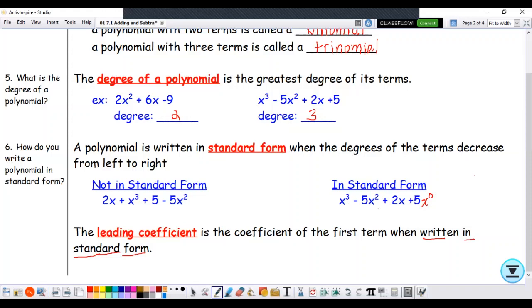So if we go back to this polynomial, we don't see a number in front of our first term. Well, what can I multiply times x to the third and still have the value of x to the third? That would be the number 1. So my leading coefficient in this polynomial would be a 1. If I had a number there, the number that is written there would be the leading coefficient.